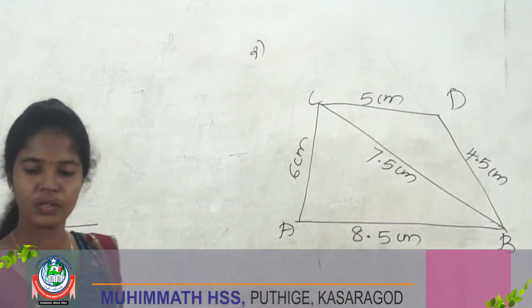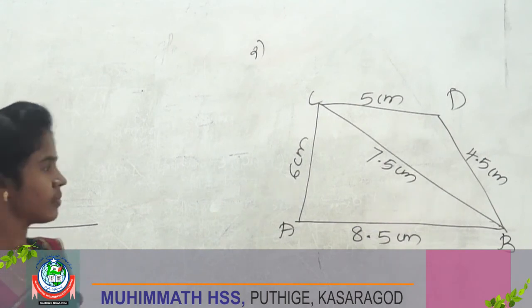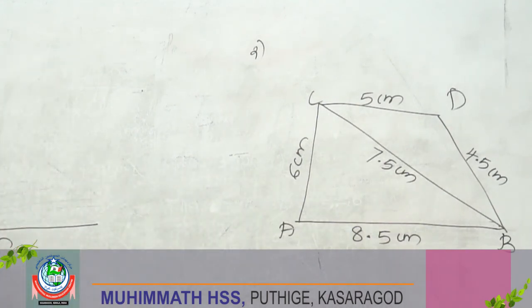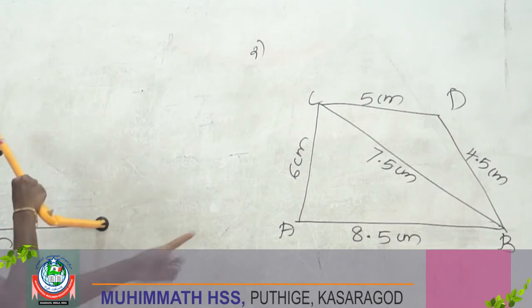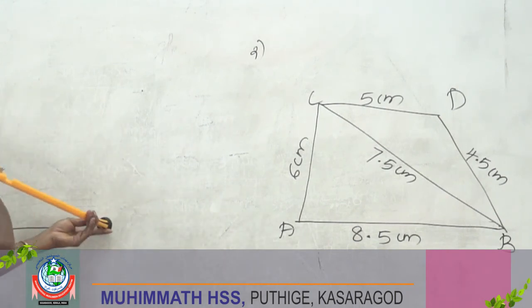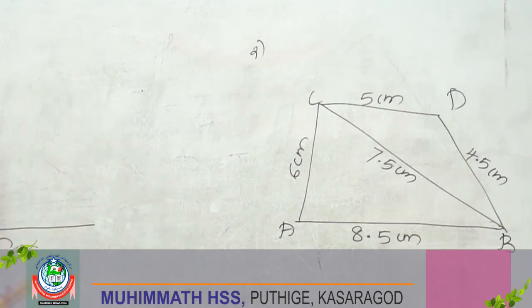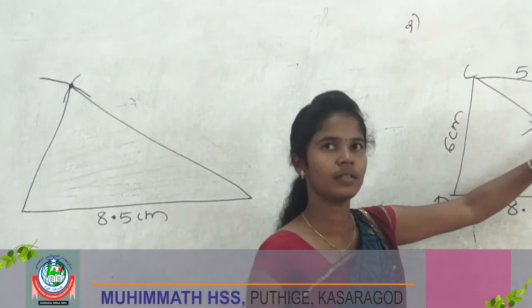So by using your compass, from first point you draw 6 centimeter. Then from here it is 7.5 centimeter. Now join the other two ends of the base. So first triangle is completed, then form the next triangle.